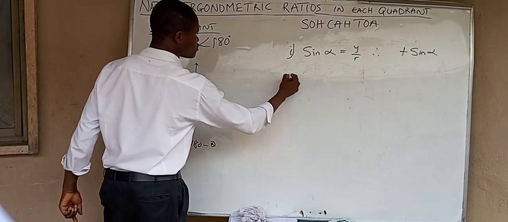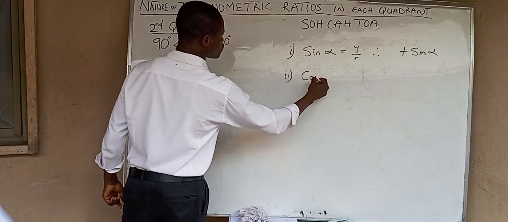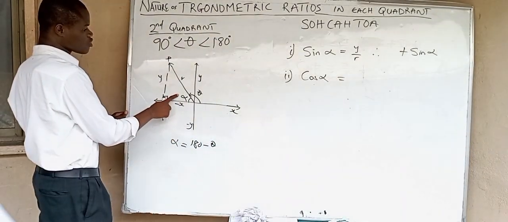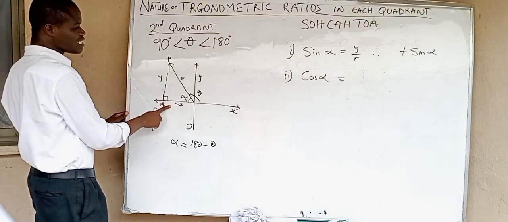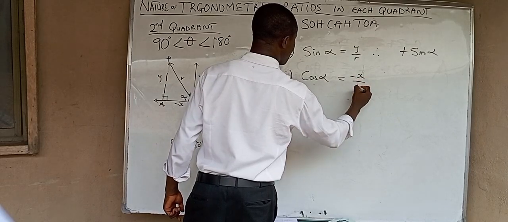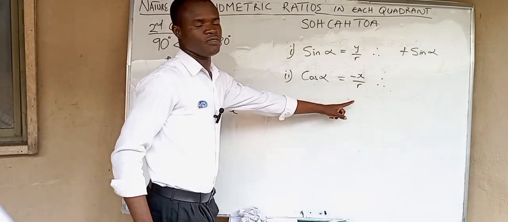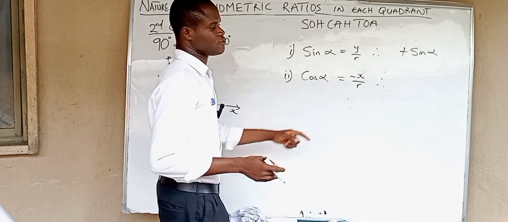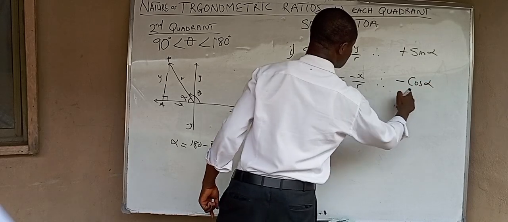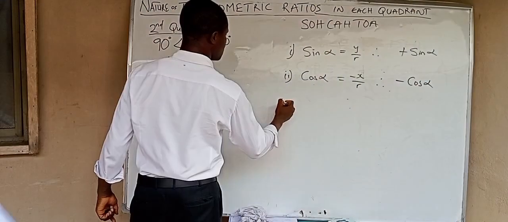Number 2, cos alpha. In this quadrant, cos is adjacent over hypotenuse. This is minus x over r. Negative divided by positive will give us negative. So this is negative: minus cos alpha.